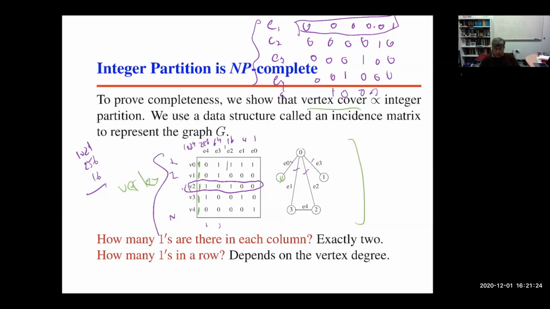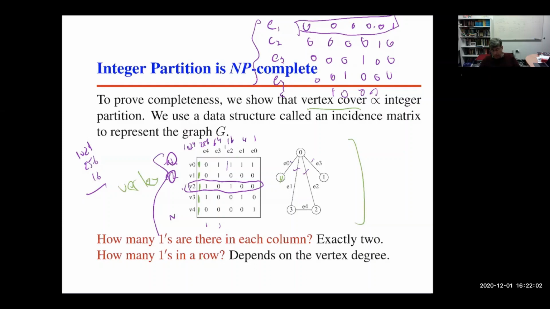A vertex cover is going to occur when I have every single edge covered. What is my goal going to be? If I make this thing up, I claim, if I pick a bunch of vertices, suppose I pick a set of k of these numbers that represents a vertex cover, what would happen if I added them together?